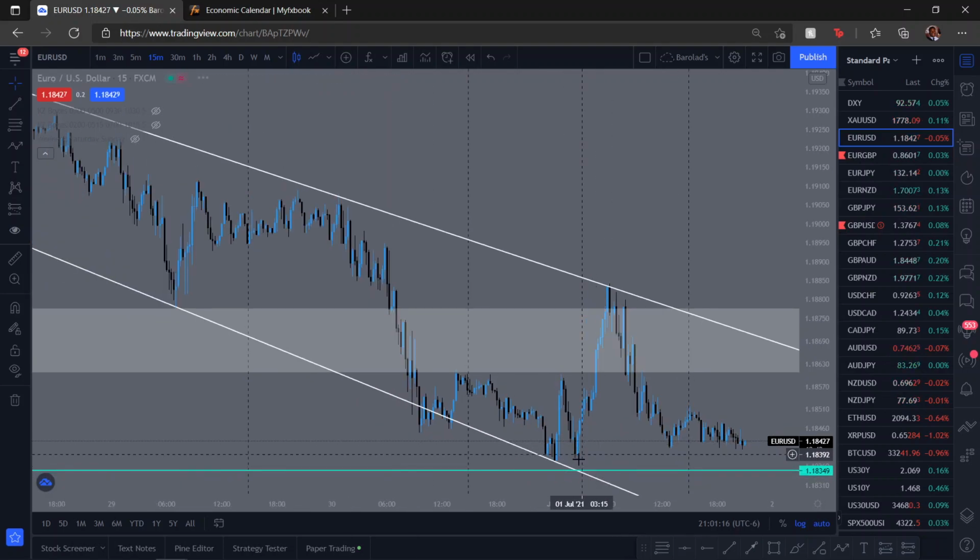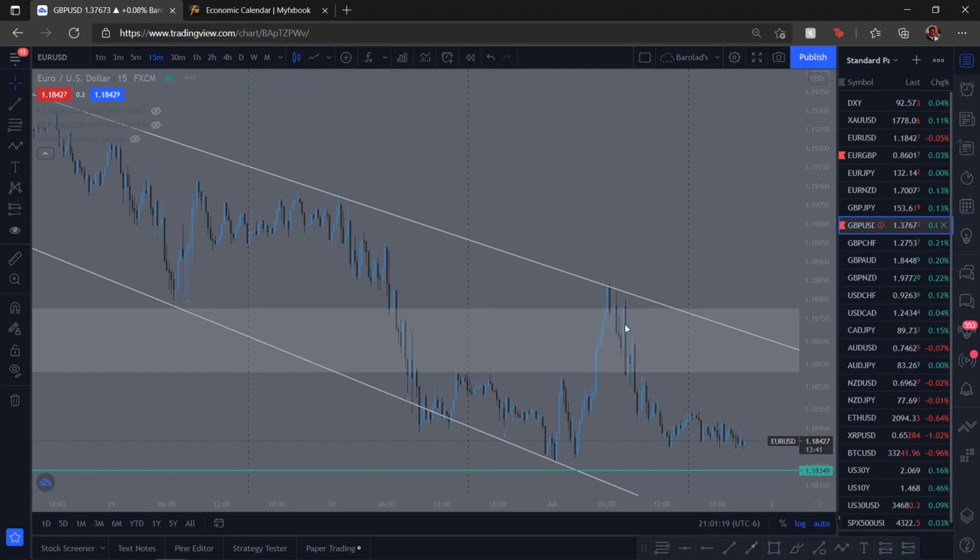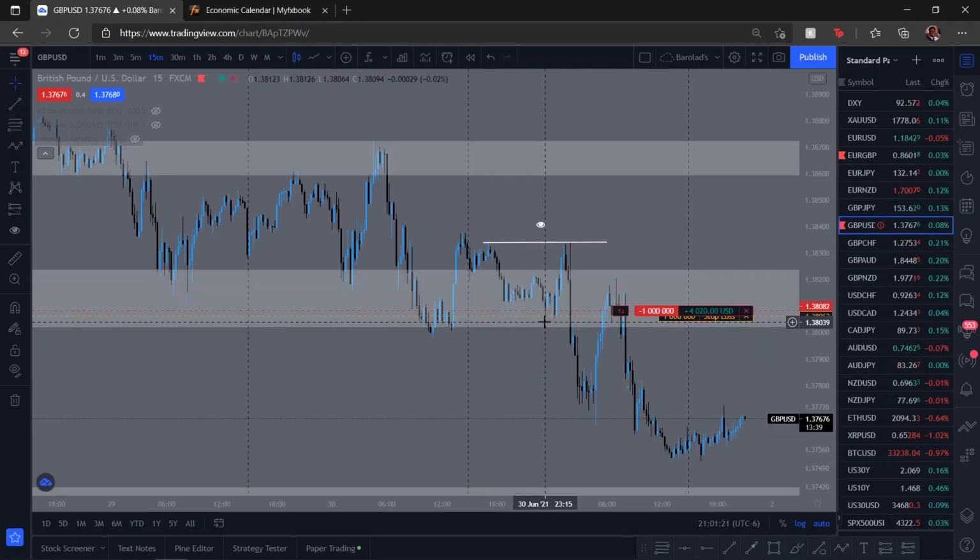Now this move did not reflect on GBPUSD, because at 23.30 we made a low and we made a lower low at 2 o'clock, 2:30.